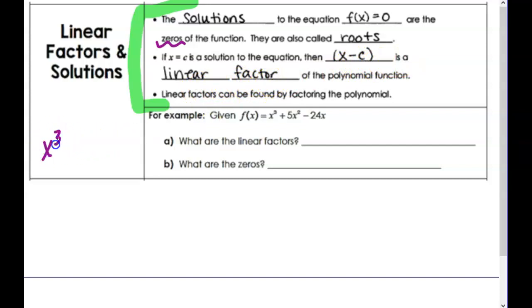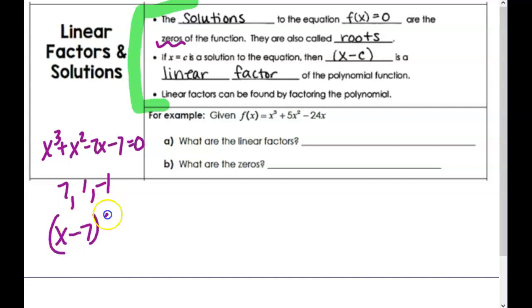So if I had some crazy polynomial, and I had that it had zeros at 7, 1, and negative 1, we'll say, okay? That would mean the factors would be x minus 7, x minus 1, and x plus 1. Does this sound familiar? Does that make sense now, what I'm saying?